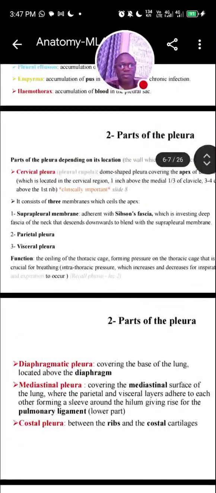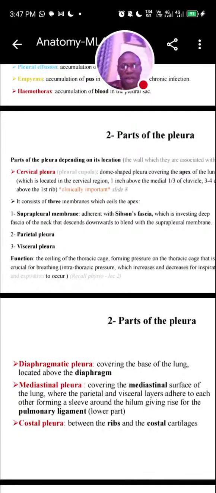The suprapleural membrane, we said, is adherent with the Sibson fascia. Now, the mediastinal pleura is in such a way that the two layers adhere to each other, joining to form a sleeve, and that sleeve is the pulmonary ligament.